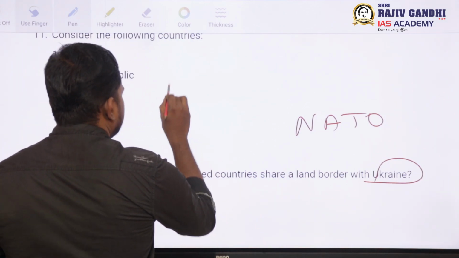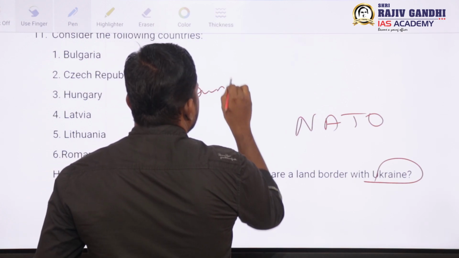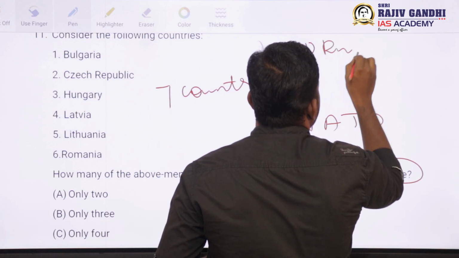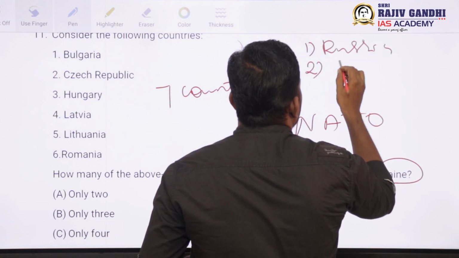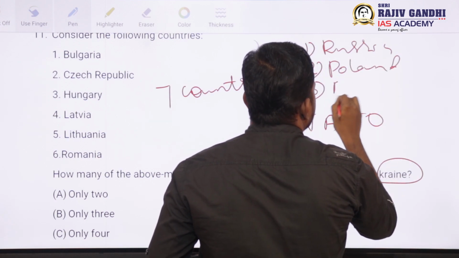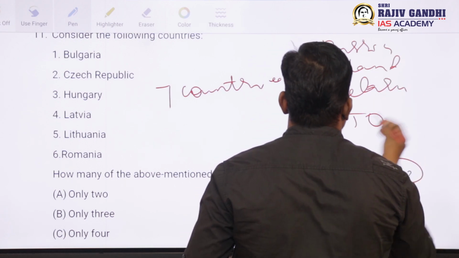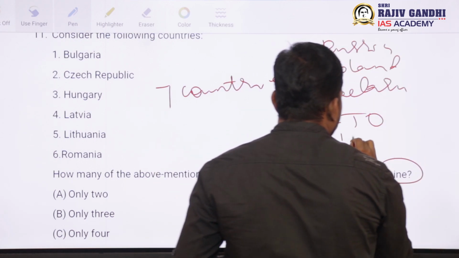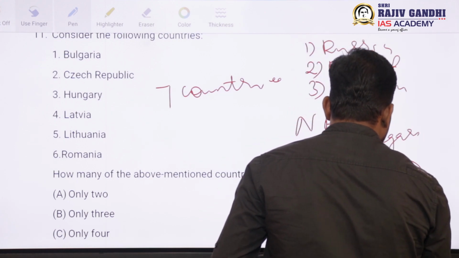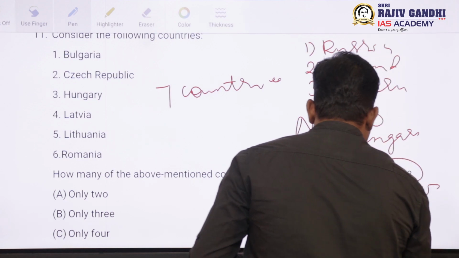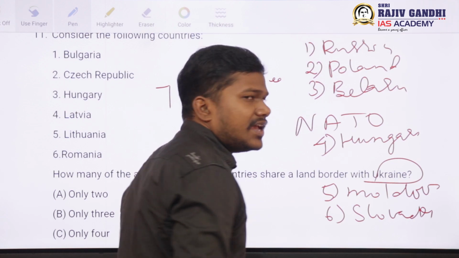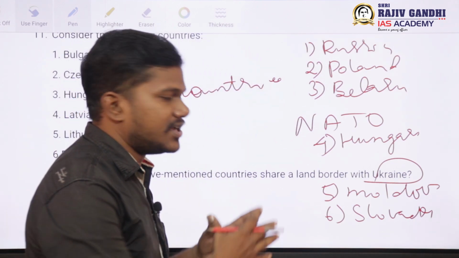Well, there are 7 countries which share a land border with Ukraine, which are Russia, Poland, Belarus, Hungary, Moldova, Slovakia, and Romania, while the Black Sea and the Sea of Azov border it in the southern region.